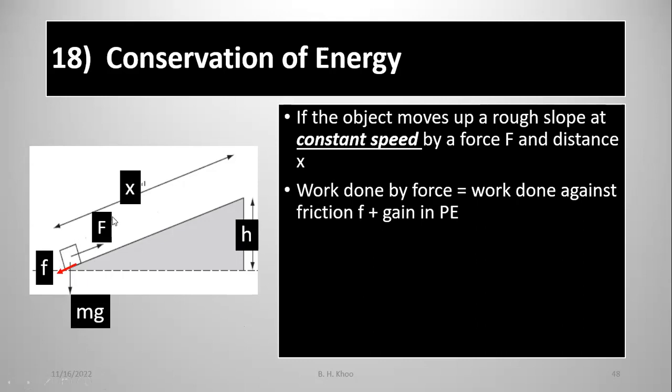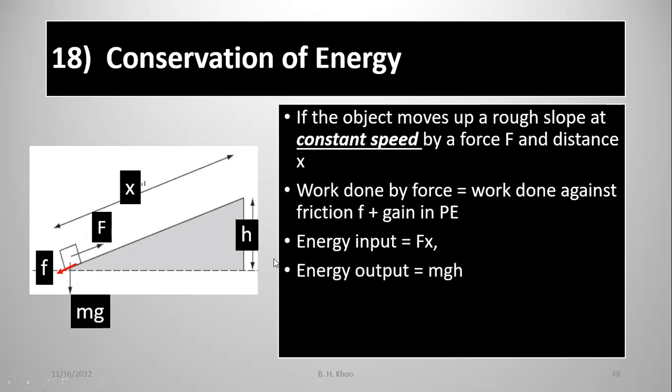Work done by force: that's the force, which does the work to take it to the height h. There's also work done against friction because it's a rough surface. So the work done by this force goes to work done against friction. Constant speed, so no kinetic energy change, but there's a gain in potential energy. Energy input is F times X, your work done.